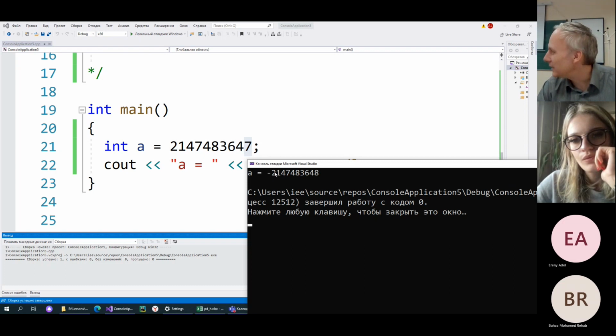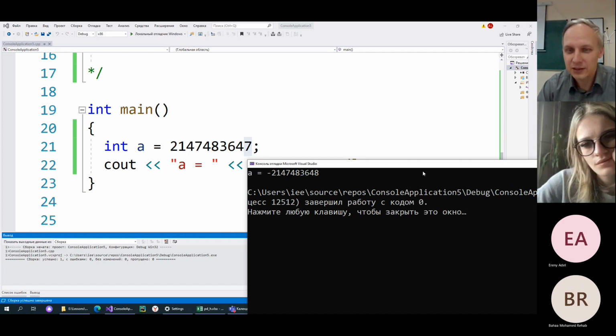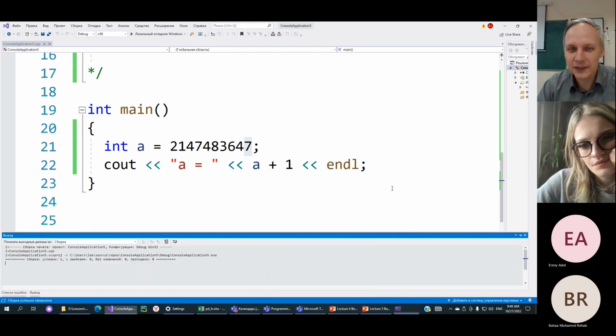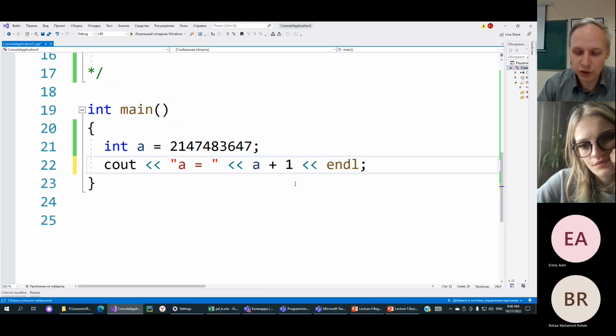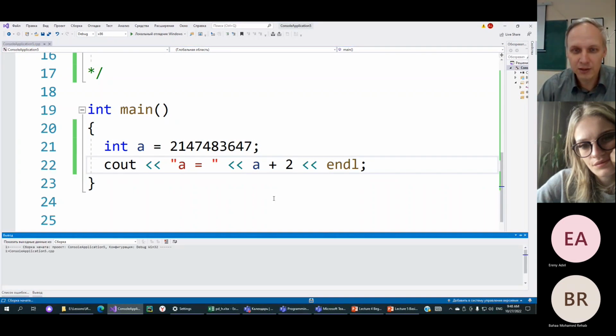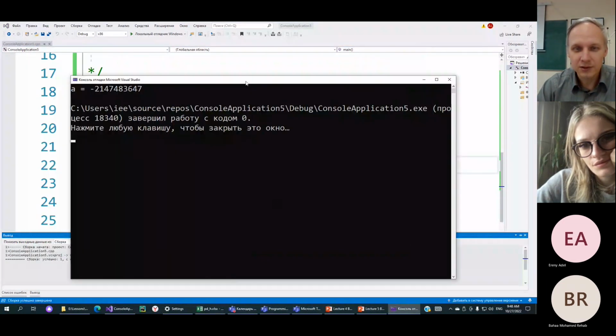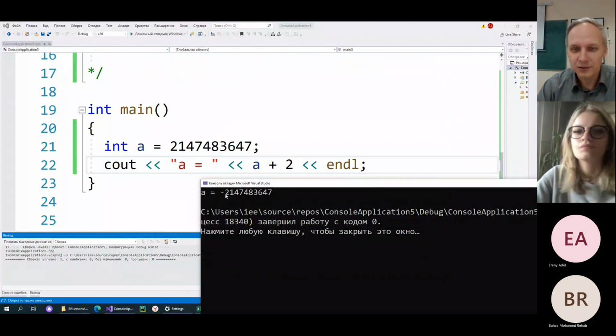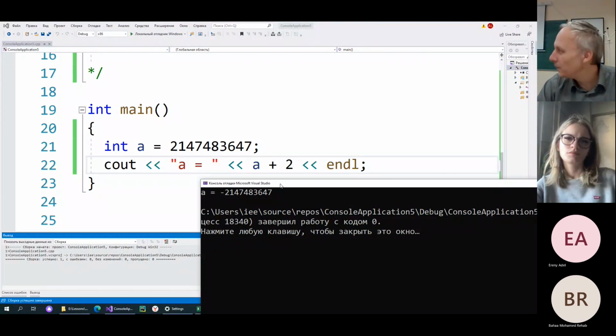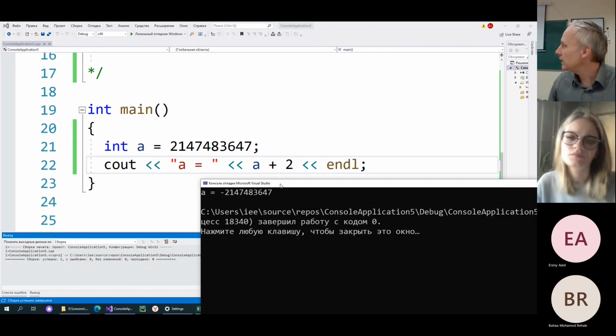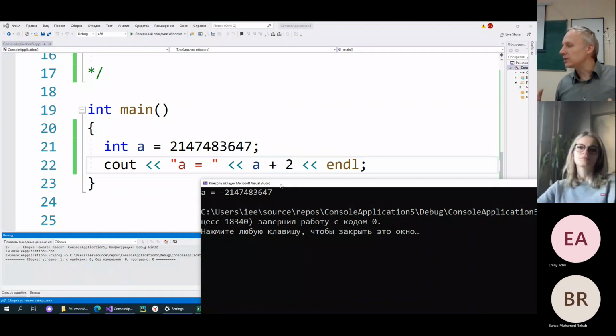Do you see this minus? Or even if I type here +2, we will see on the screen some negative number.